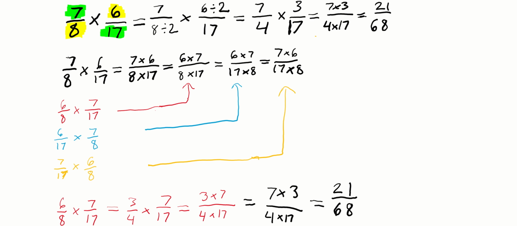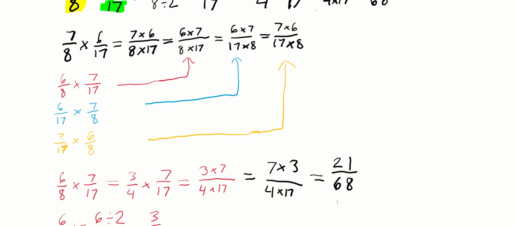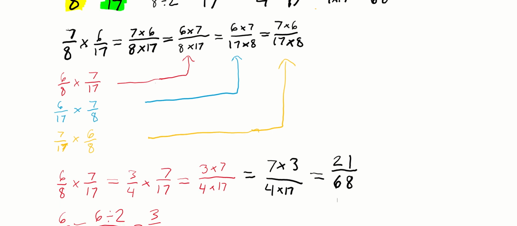So really, canceling is similar to writing a new expression that's equal to our original expression, using all the same pieces.